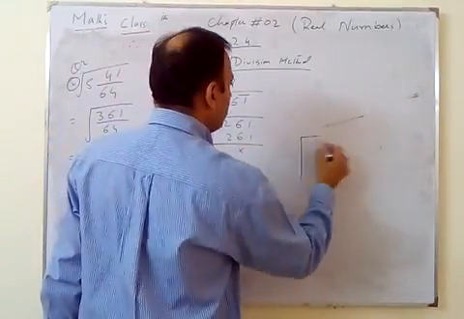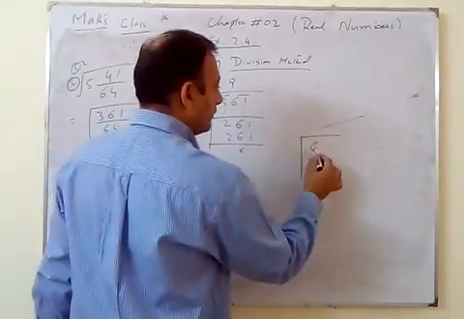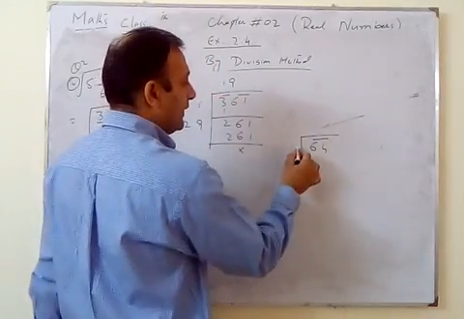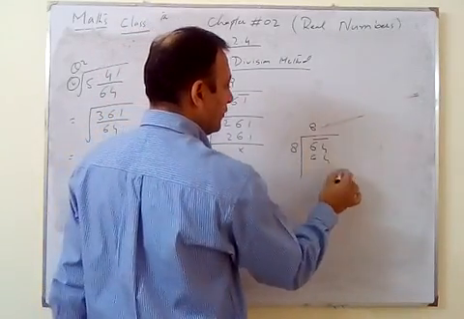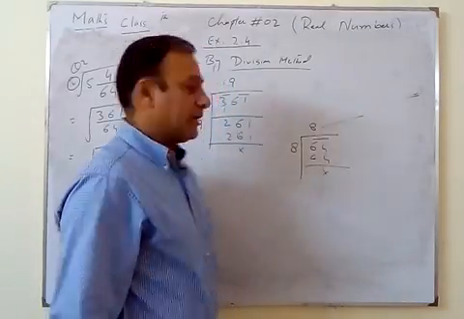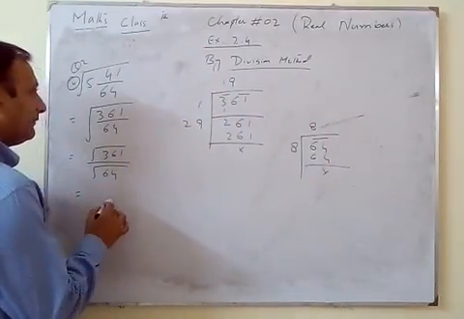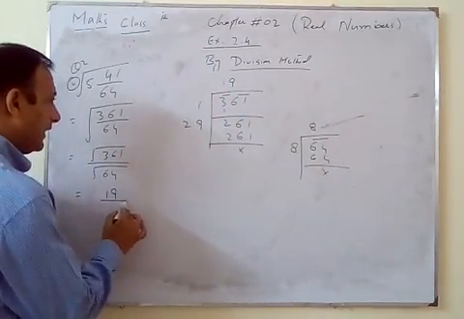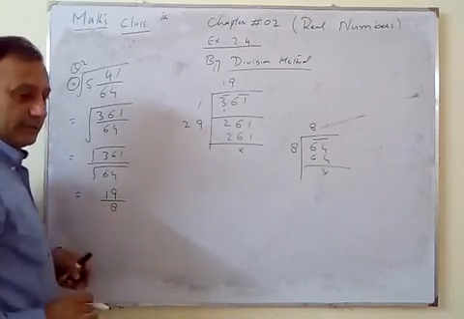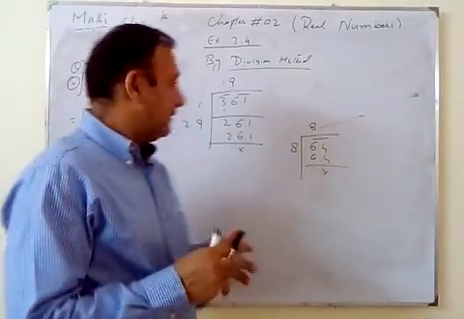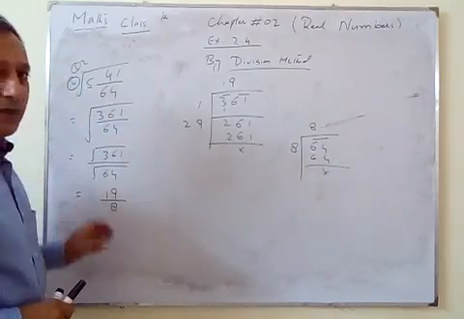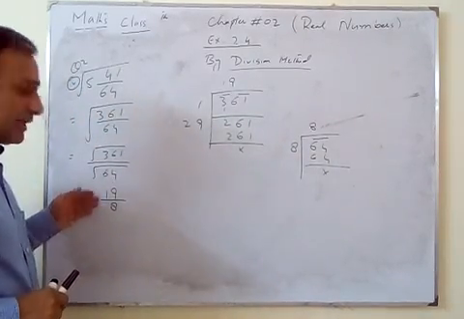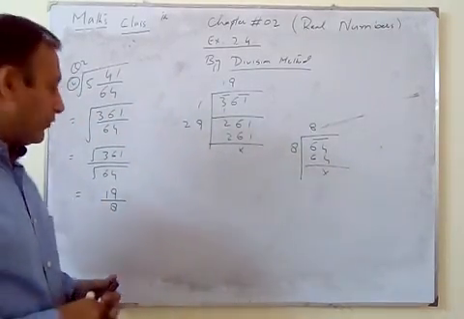So for the other, 64, this is one pair. 8 eights are 64, simple as this. So here we have 19 by 8. But keep in mind again that the question is in a compound fraction, so convert this common fraction into a compound fraction.